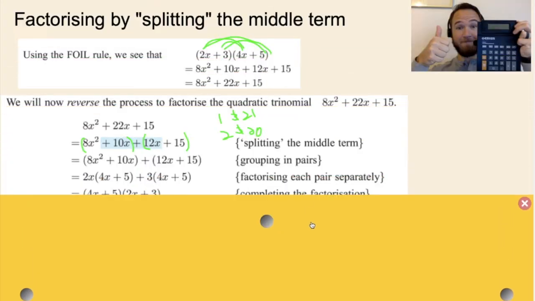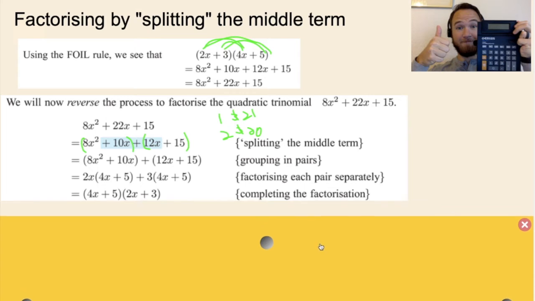From here, we complete our factorization. So we have a 4x plus 5 and a 4x plus 5. What's really happening is we're dividing this 4x plus 5 out of both of these and coming out front, and that leaves us with a 2x plus 3.